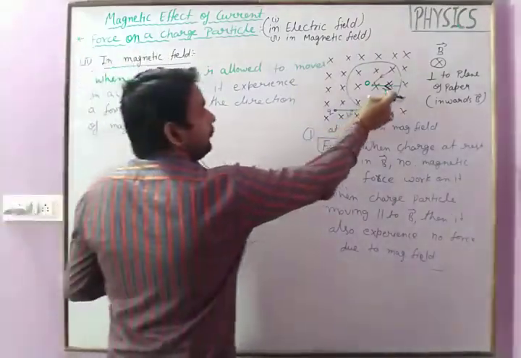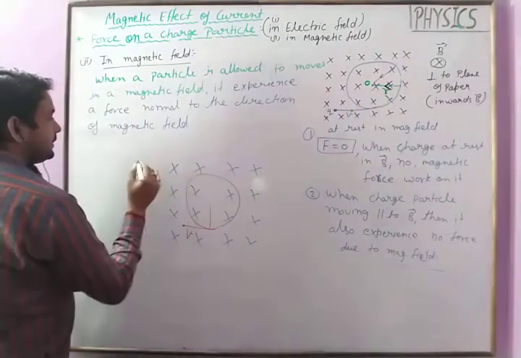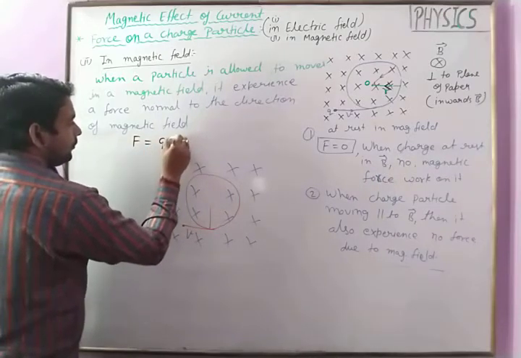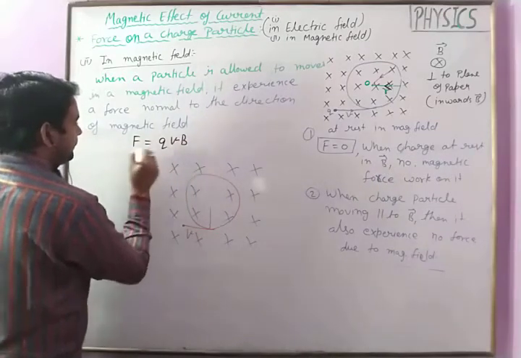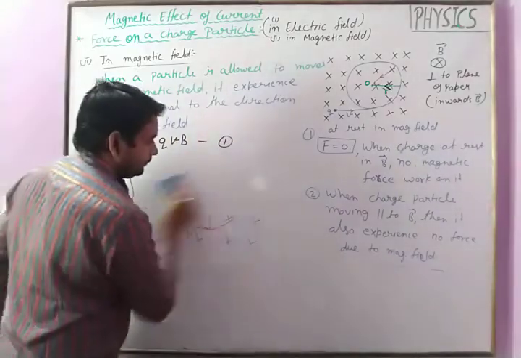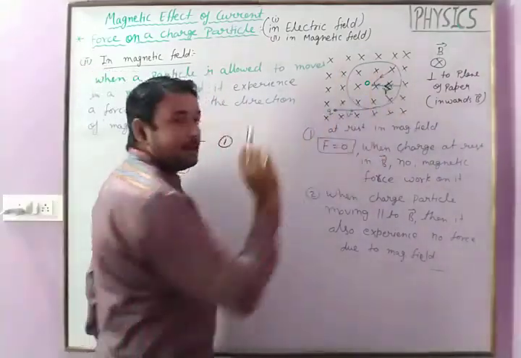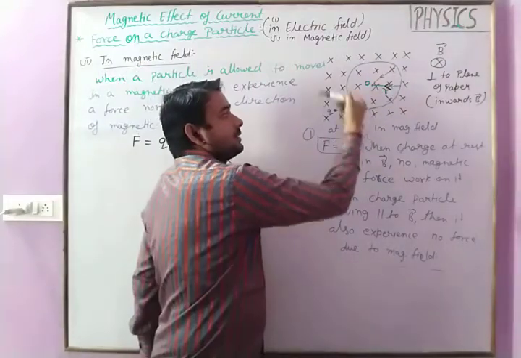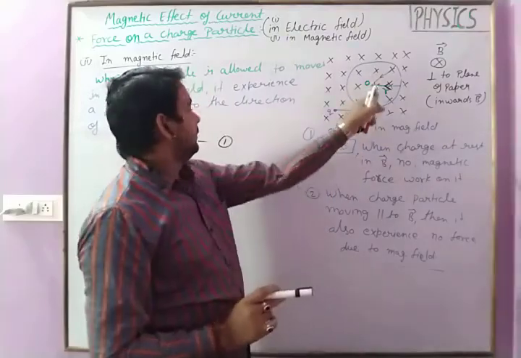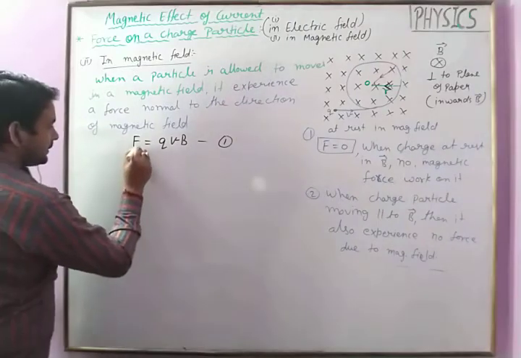So the force experienced by the particle in the magnetic field, we know, is QVB. Clear? This is equation first. And because the particle is moving in the circular path, the centripetal force is provided by this magnetic force QVB.